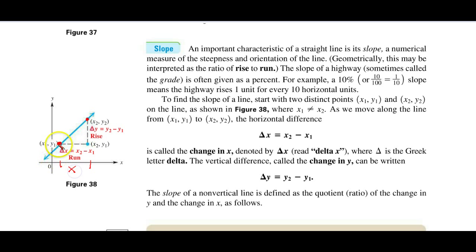These would be your x units. And then if you projected to this axis this way, these would be your rise units. So we often say m, that's the letter we use for slope, is a ratio of y units, which is rise, over x units, which is run. So we say rise over run, and that forms a ratio.